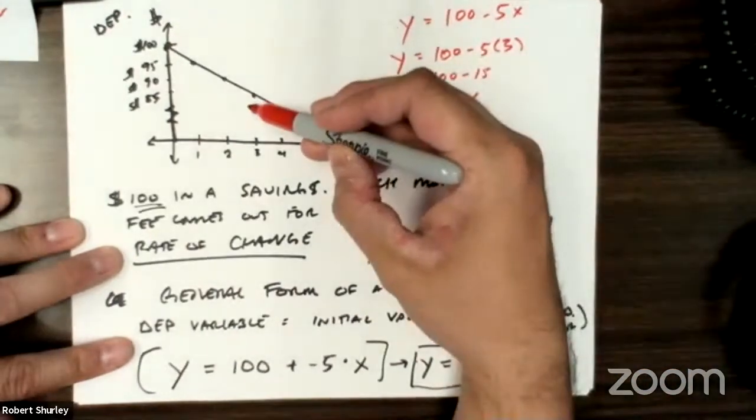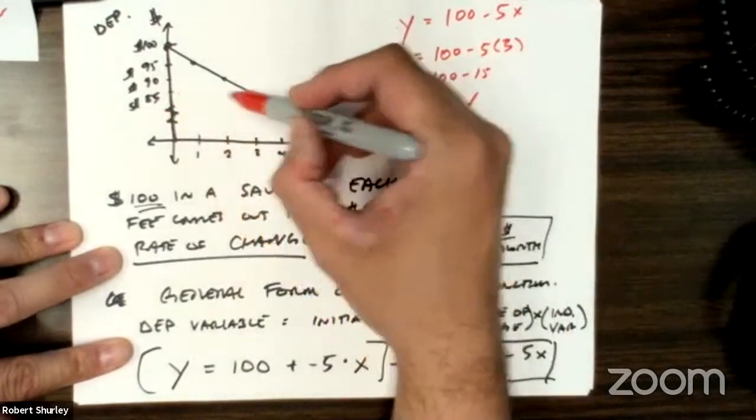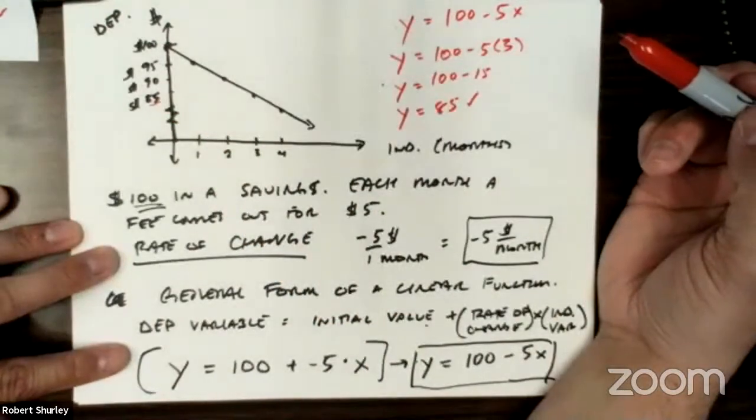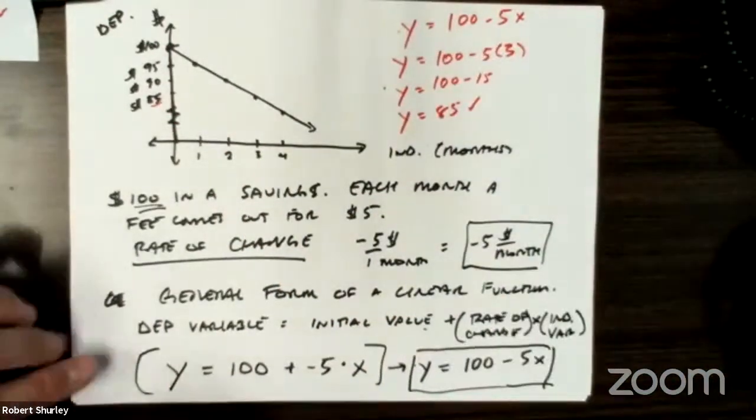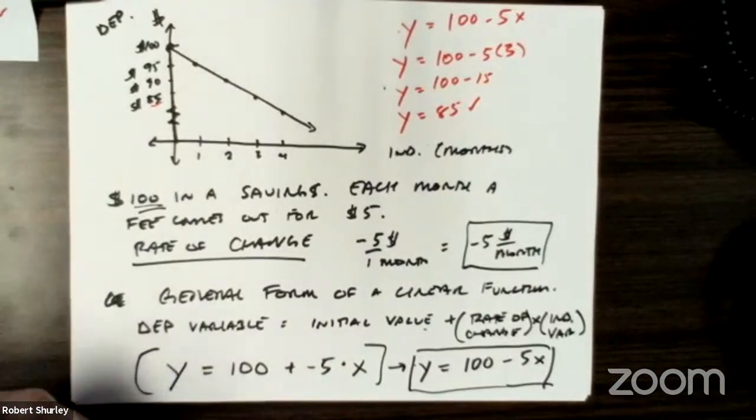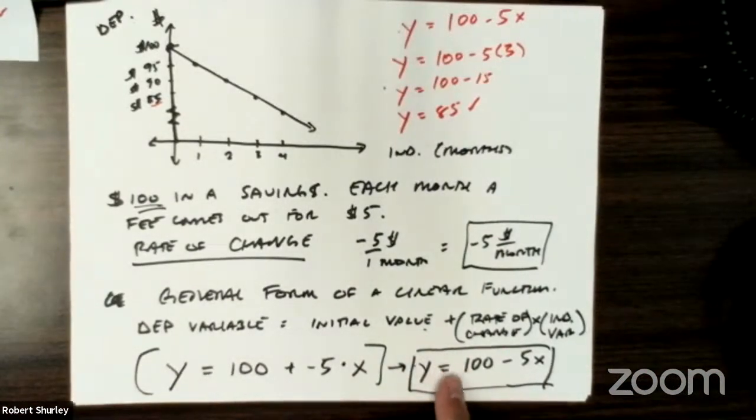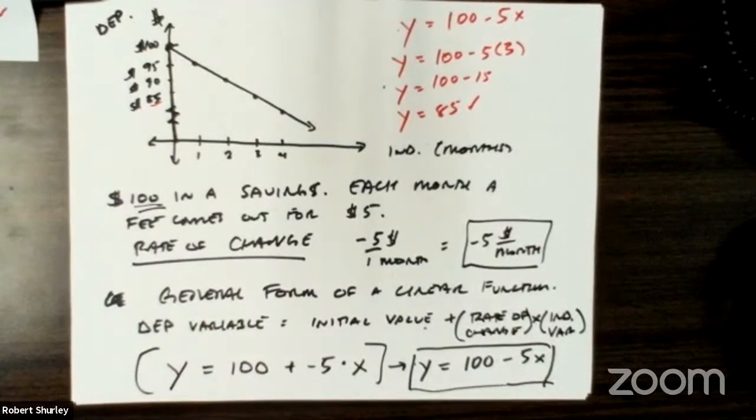That checks out, right? Because at the third month, our y value is going to be $85. That's for a specific month that we plug in. Pretty neat, okay? So this is the linear function. This is how to create a general form of a linear function.